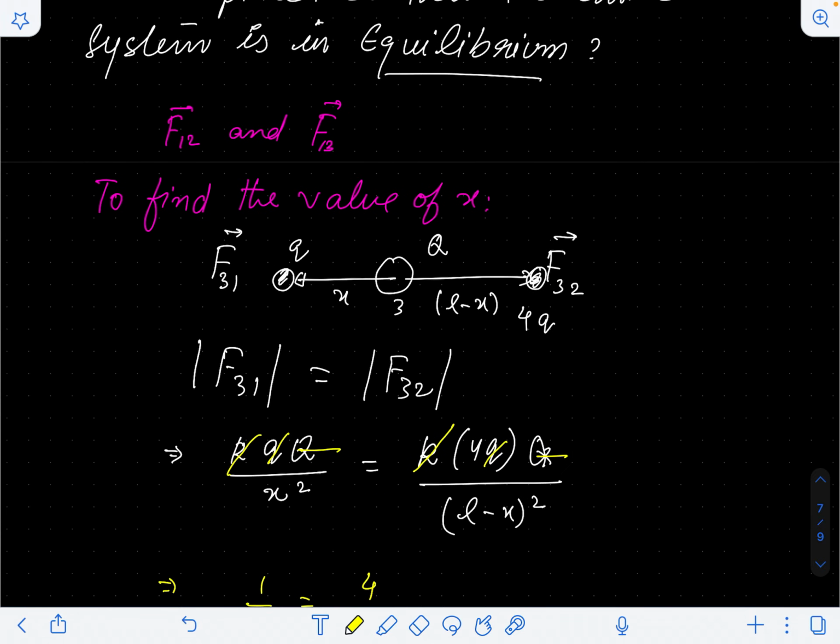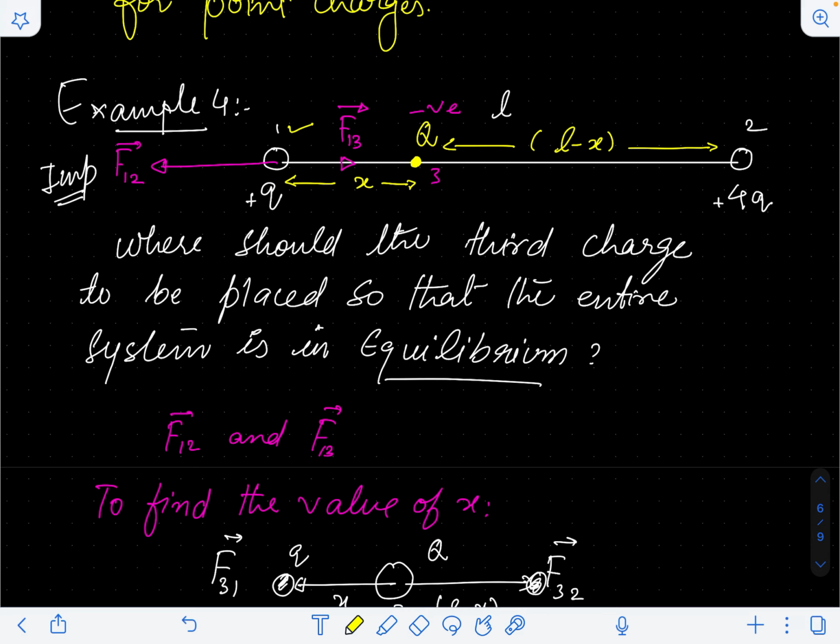Now for the equilibrium of charge 1 that has magnitude q, we need to apply this force magnitude and this force magnitude, that is, the magnitude of force 12 and the magnitude of force 13 should be equal. Let's solve.